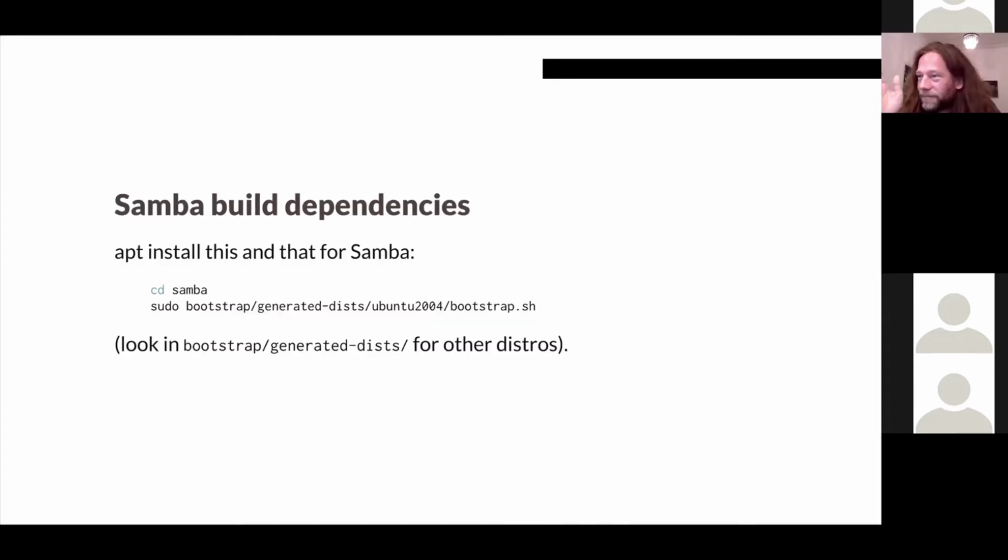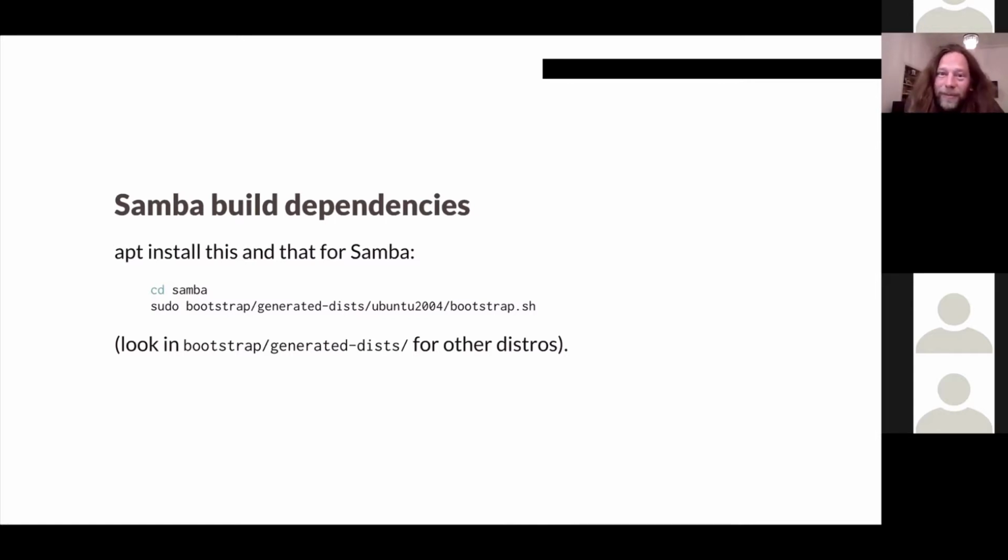So if you do need to install Samba, which David obviously isn't going to need to do, this is like a little 2-minute lightning talk about how great Bootstrap is. It used to be in the old days, if you needed to install Samba and compile it from scratch, you used to have to look on the wiki and try and work out all the things you needed to install, the prerequisites.